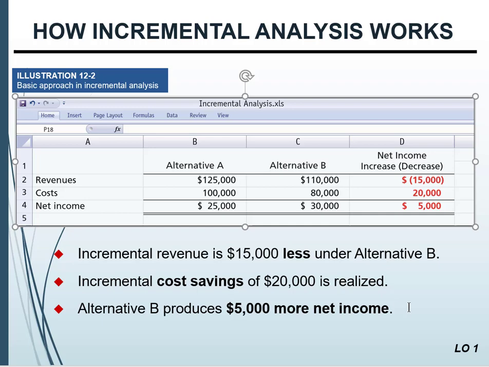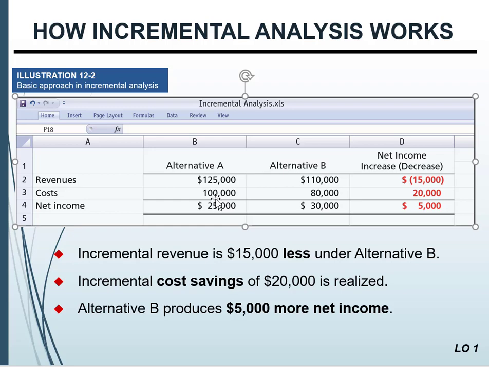What is the differential? Well, for revenues, you take alternative A minus alternative B. That means if you do B, you're going to lose $15,000 of revenue, right? If we do A, we got 125. Subtract B, we end up with a loss of revenue of negative 15,000.